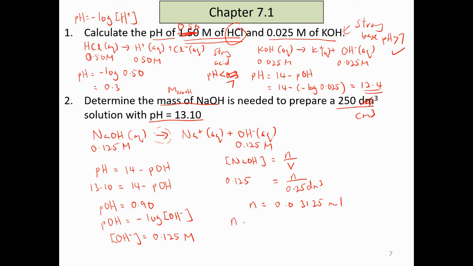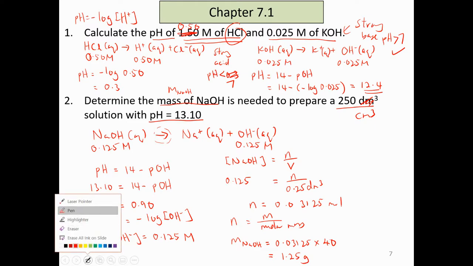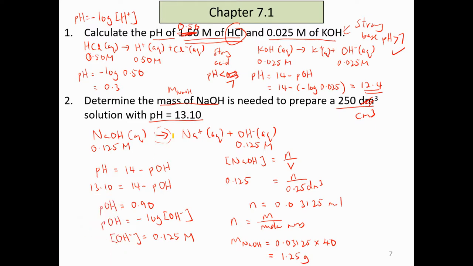We know mole equals mass over molar mass. So our mass of sodium hydroxide equals mole times molar mass, which is 40. So the final answer we will get is 1.25 gram.